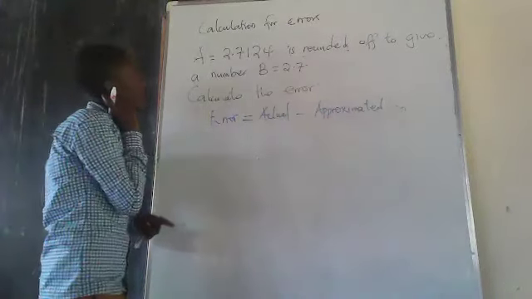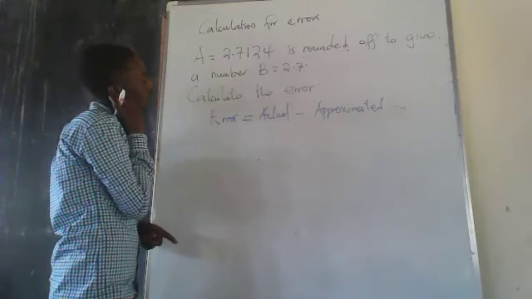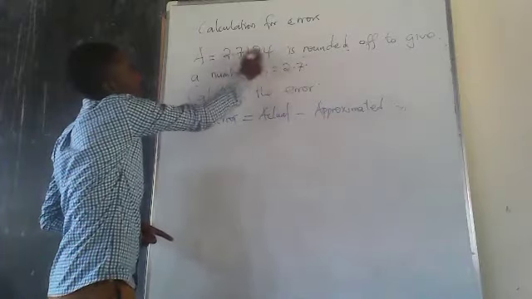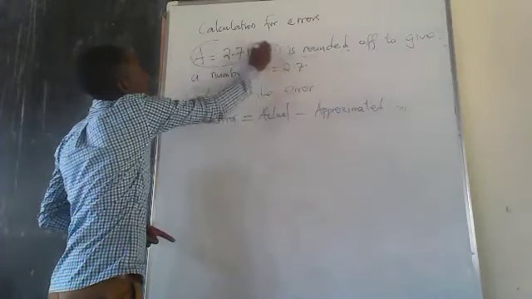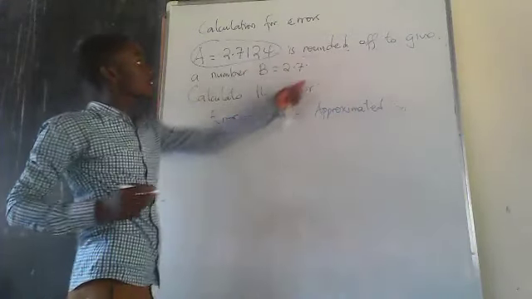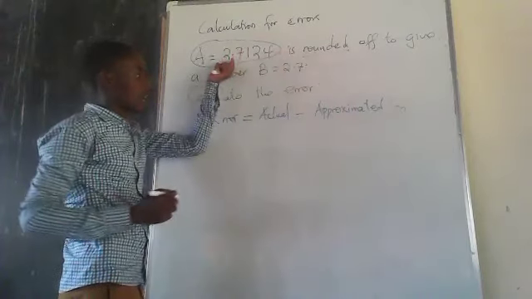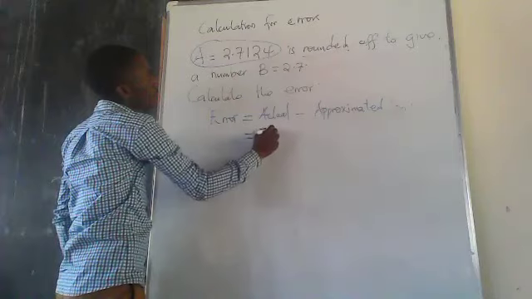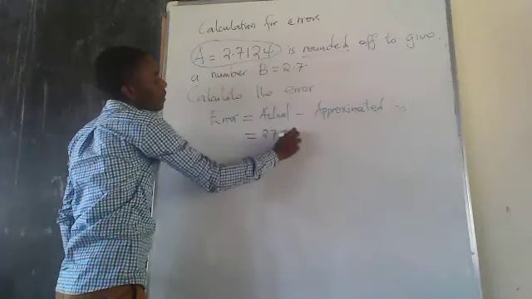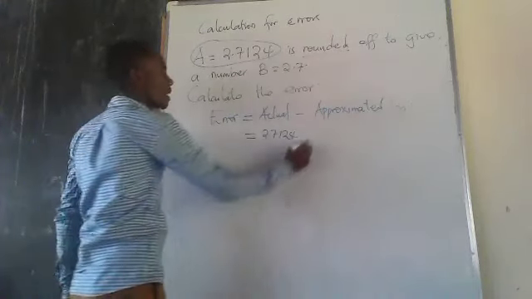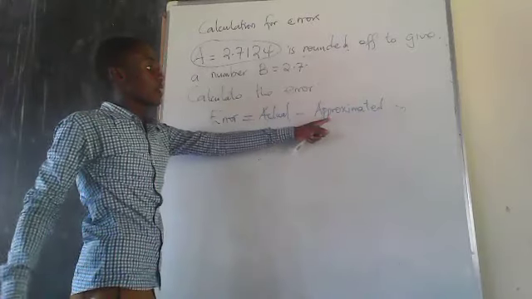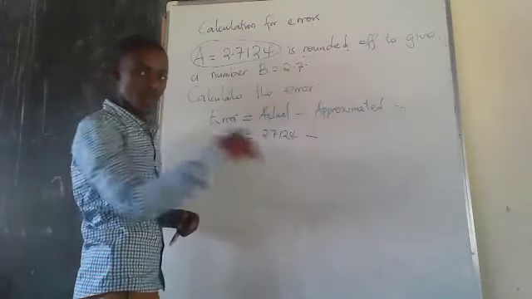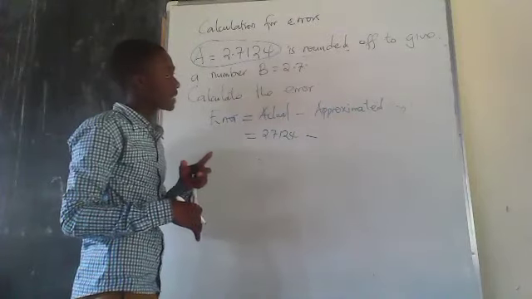So what was our number before rounding off? They said A is rounded off, meaning that this one is the actual. So where there is actual, I put 2.7124 minus approximated. How do you get the approximated? We said approximated is the value that is got either after rounding off or after truncating.